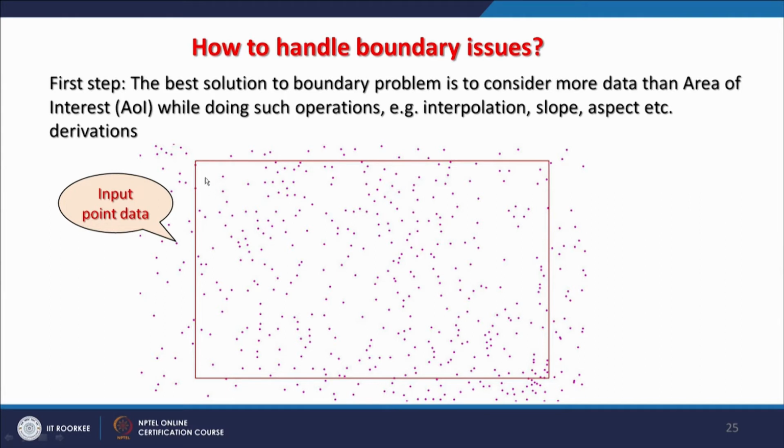My area of interest is shown here in the form of a rectangle, and when I do the interpolation, it will be done within these points and elsewhere, and then it would be extrapolated, and once the surface is created, I can extract my area of interest. This way I can solve the boundary problem.